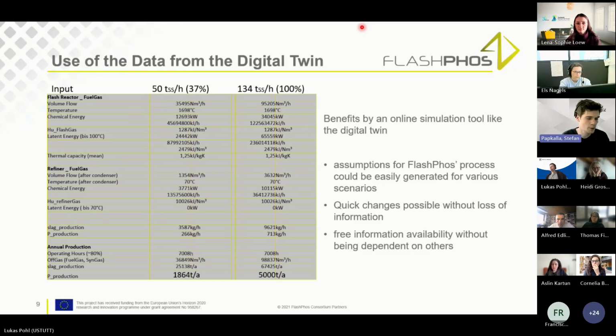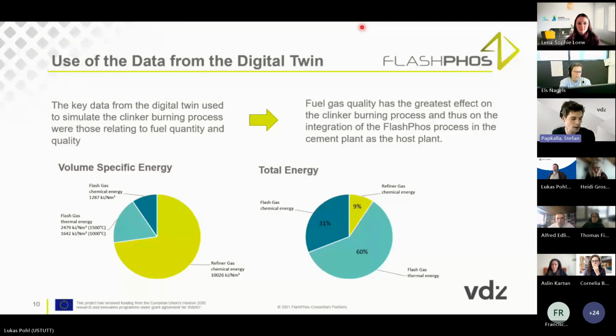Okay, maybe we can skip to the third and last page. What we pointed out in our studies was the influence of the integration of the fuel gases, the pyrolysis gases coming from the FlashPhos process. This was very important because we have so far no real FlashPhos plant existing, and therefore the digital twin and the information given by it was very essential for our work.